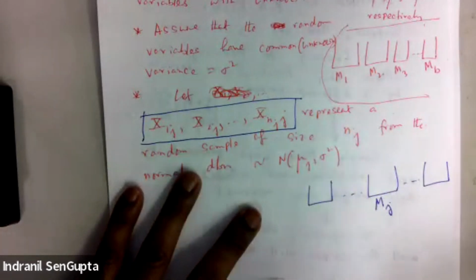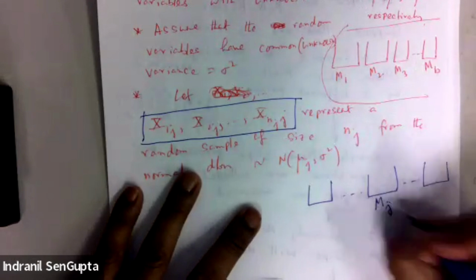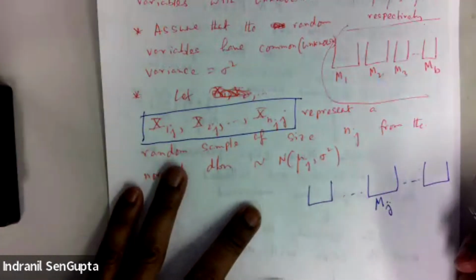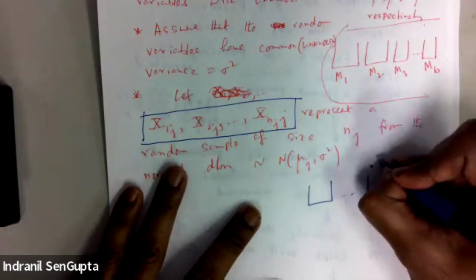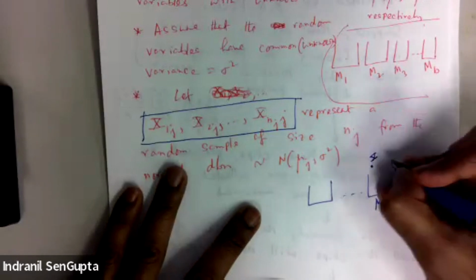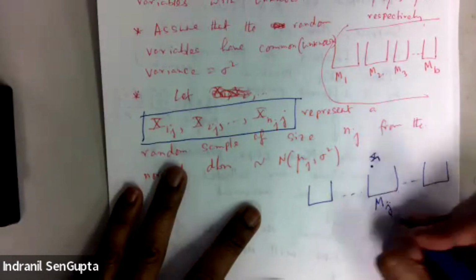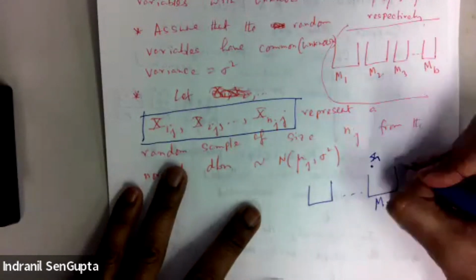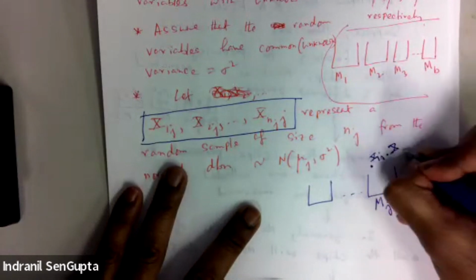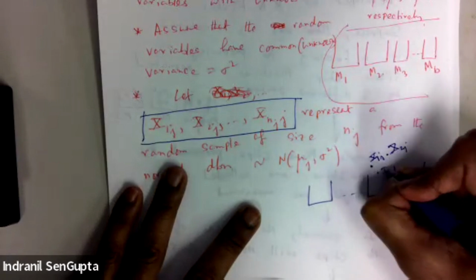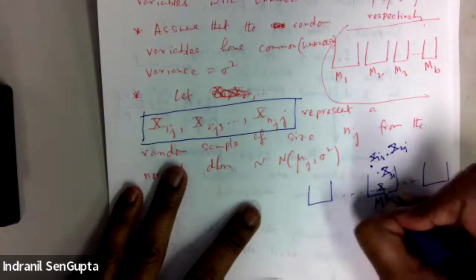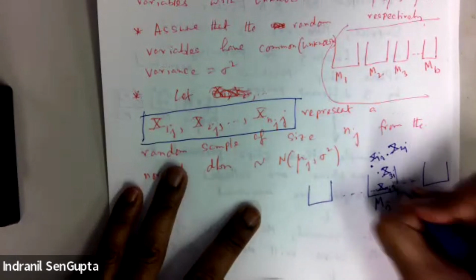So there are so many buckets. Now suppose I'm thinking of the machine m sub j. From here we have various variables. So we have x1, and just to characterize that it's from the jth bucket, I write x1j. Then we have x2j, x3j, and finally the last one is x of n sub j j.